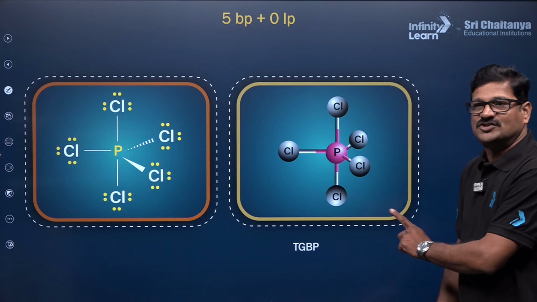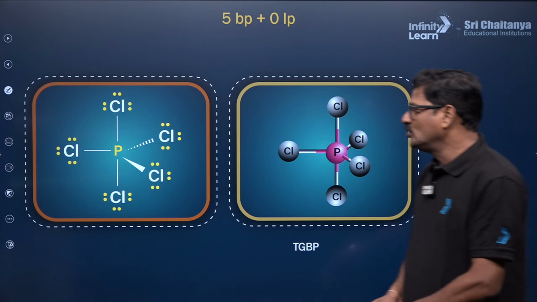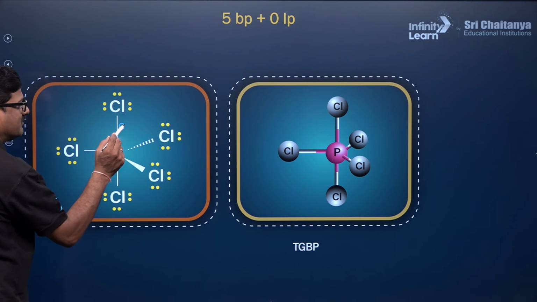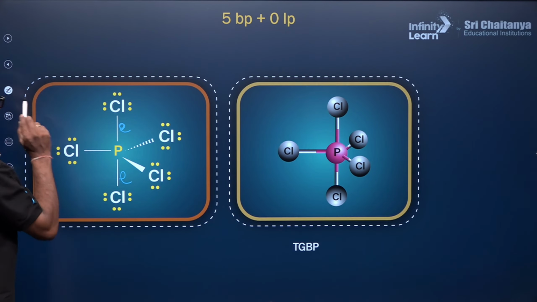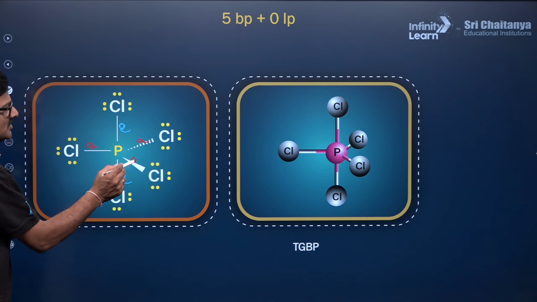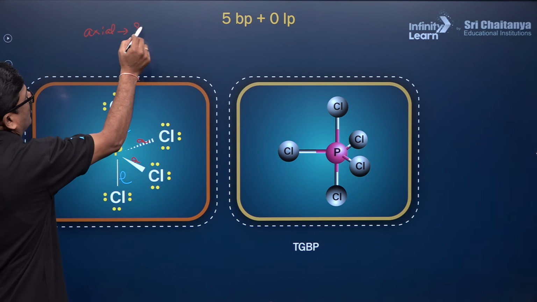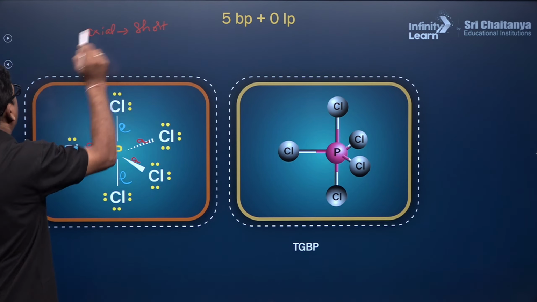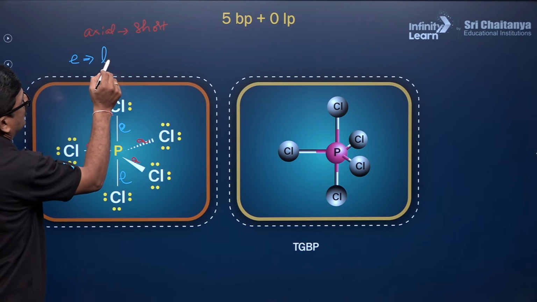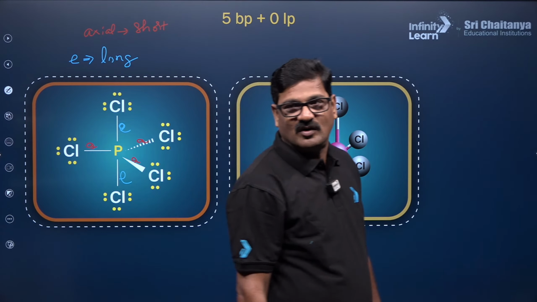This is going to be PCl5, trigonal bipyramidal. TGBP, trigonal bipyramidal. You know, these bonds are going to be equatorial bonds, and these bonds are going to be axial bonds. Axial bonds are going to be long, and the equatorial bonds are going to be short.